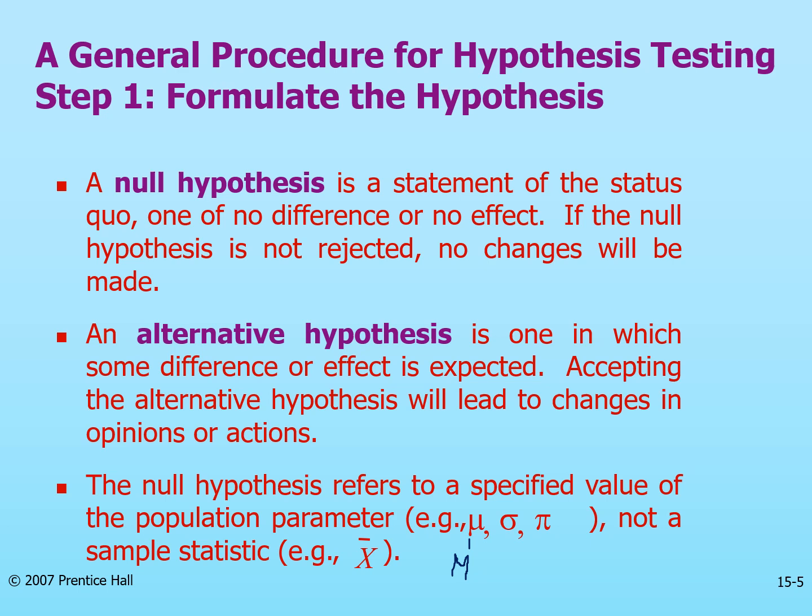Mu is basically the mean of the population. This is known as the standard deviation of the population, and this is known as the alpha value, and not a sample statistic. The sample statistic uses the x bar.